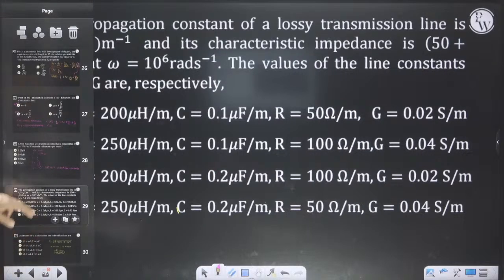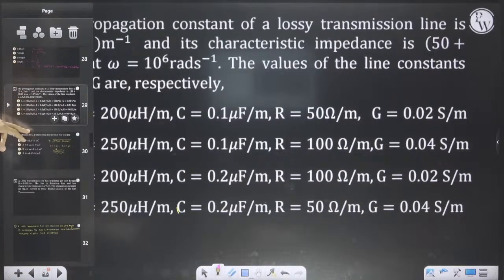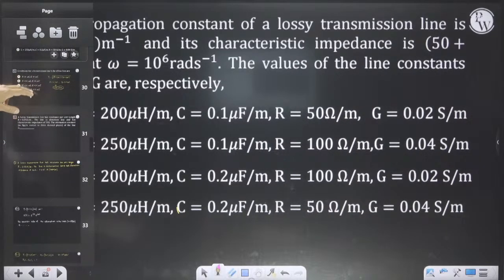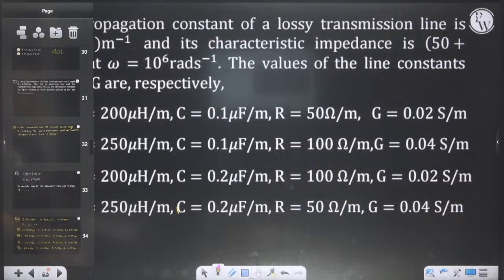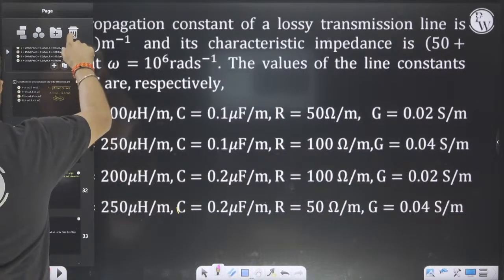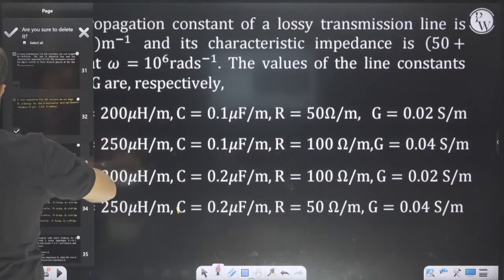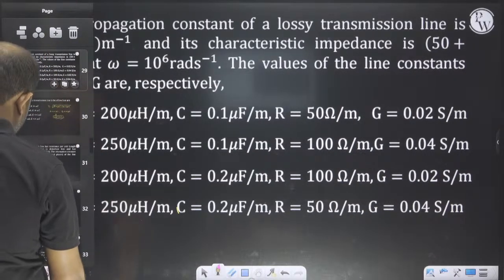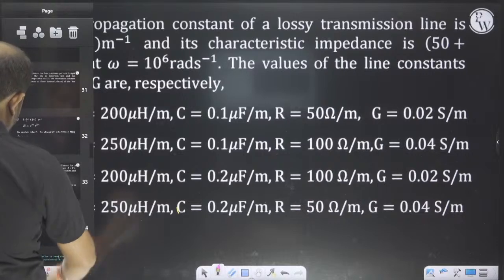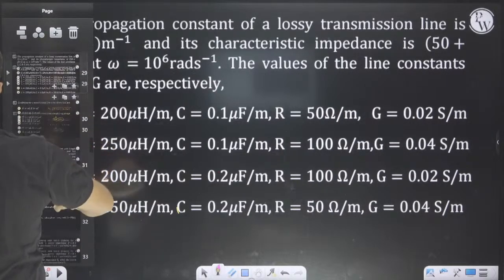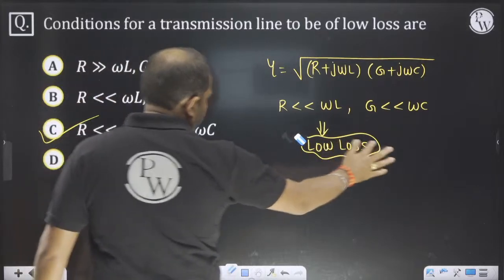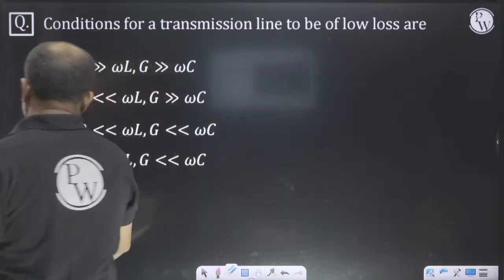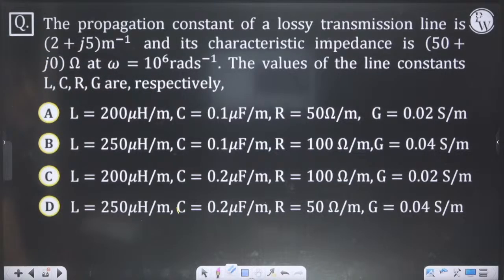Next question is this one. So in this question, what have they given?